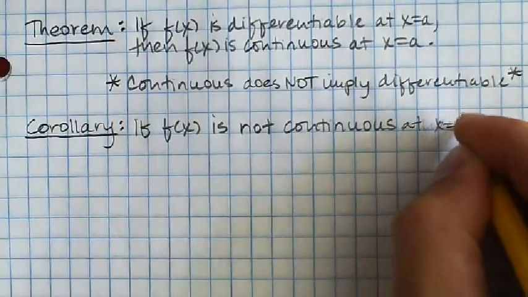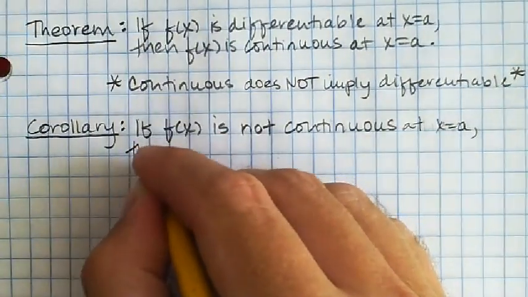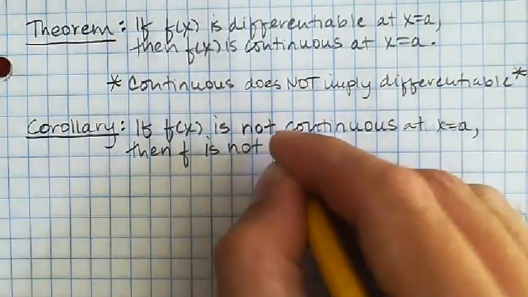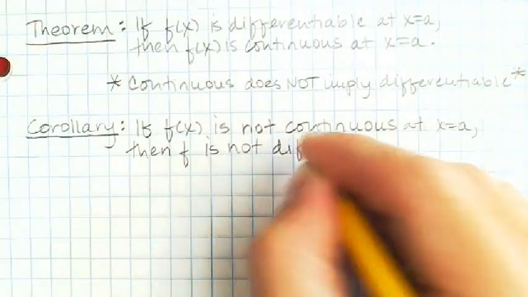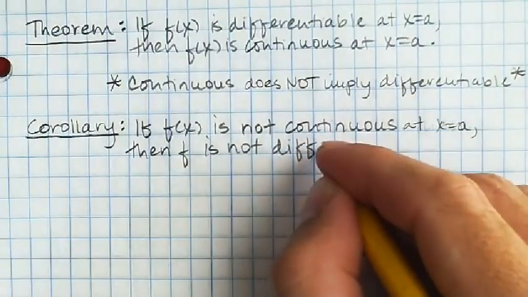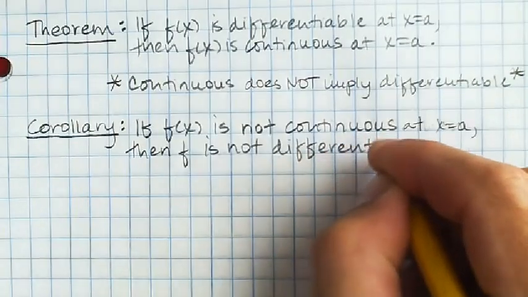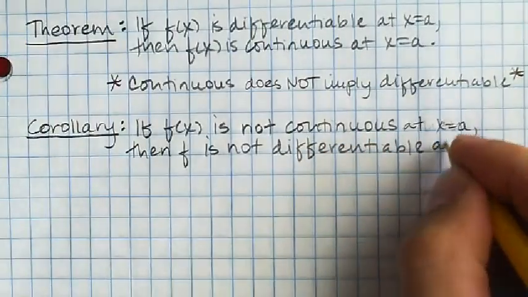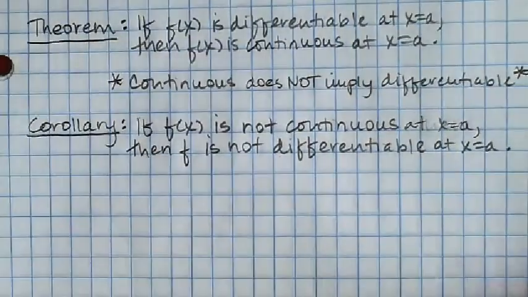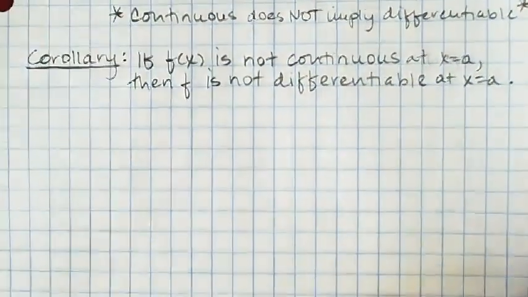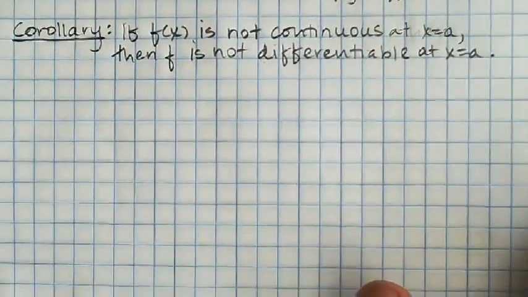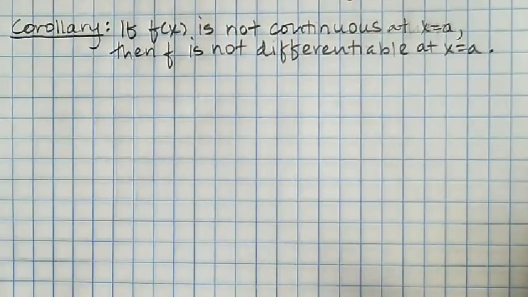At x equals a, then f is not differentiable at x equals a either. So that means that the derivative cannot exist at a place where the function is discontinuous.